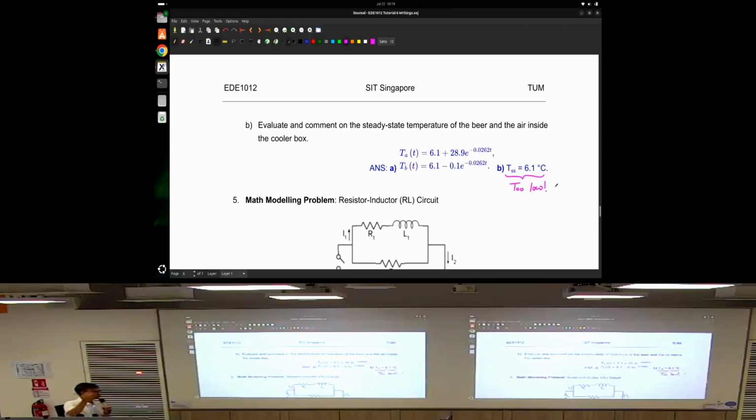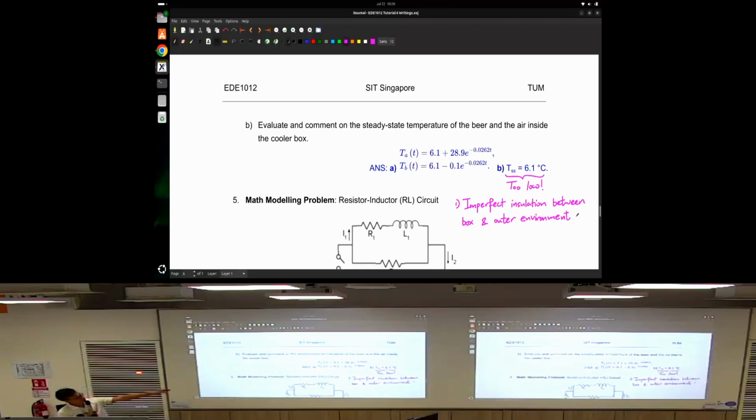So heat will still continue to go into the cooler box and then into the beer, so actually the beer will get heated up more. There are multiple reasons. One reason is imperfect insulation between the box and the outer environment.